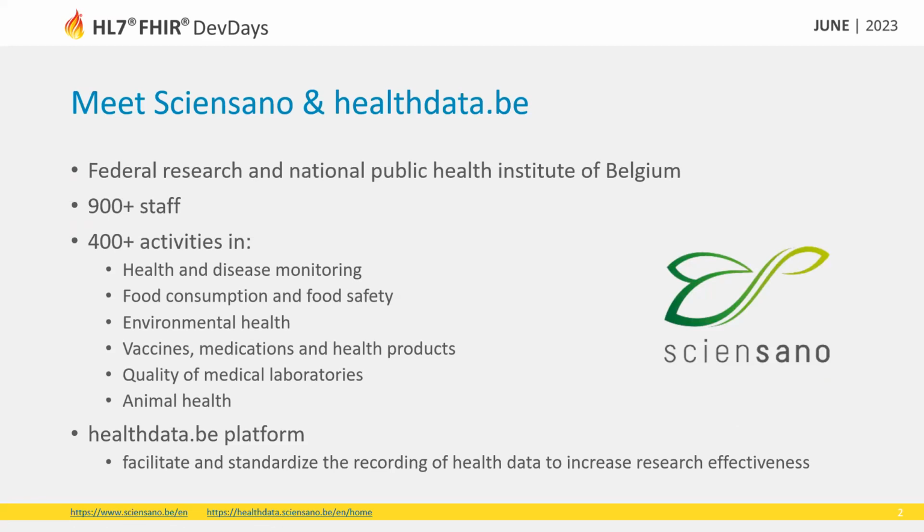And they have the healthdata.be platform and team, which manages the infrastructural side and standardization side of actually getting the data from the data providers towards Sciensano. And I think the health data team is around 100 persons. And for them, we're actually getting up FHIR and helping them standardize.